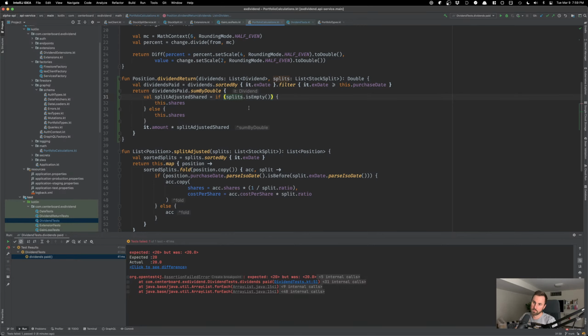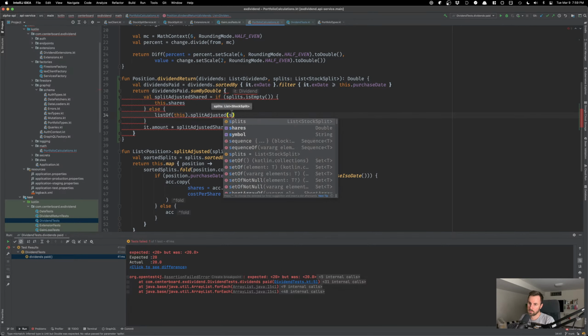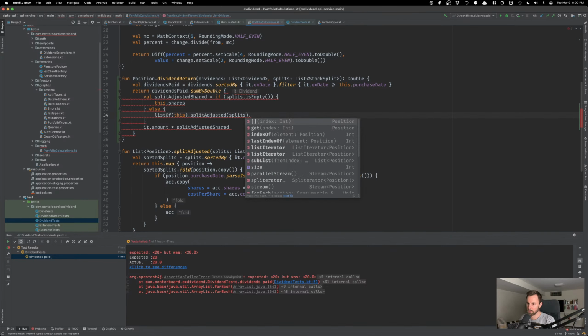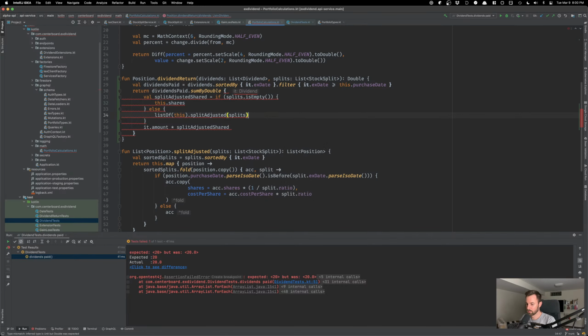Well, maybe we can just do this inline. We want to be able to call, basically, so we're going to say list of this dot split adjusted. And if we give it the splits and then we say 0 shares, that will work.